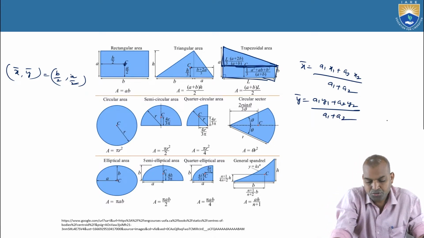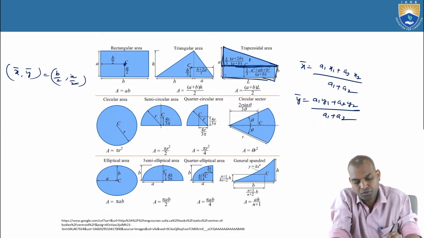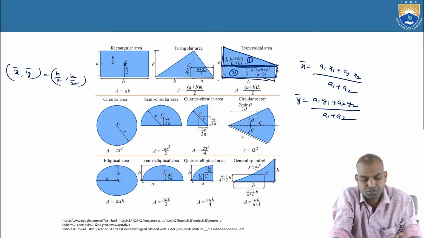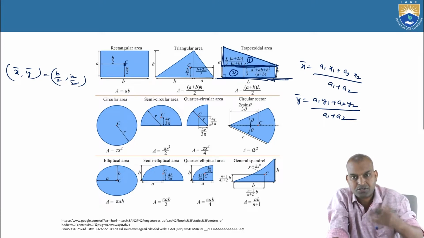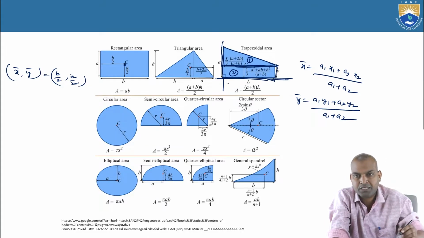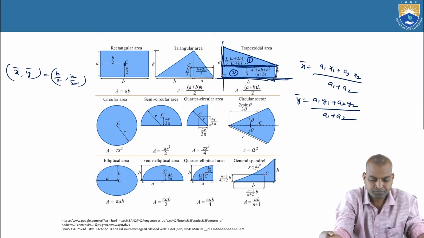Here a1 and a2 are the areas of section 1 and section 2. y1 and y2 are the vertical centroidal distances of sections 1 and 2 from the horizontal reference axis, and similarly x1 and x2 are the horizontal distances from the vertical reference axis.